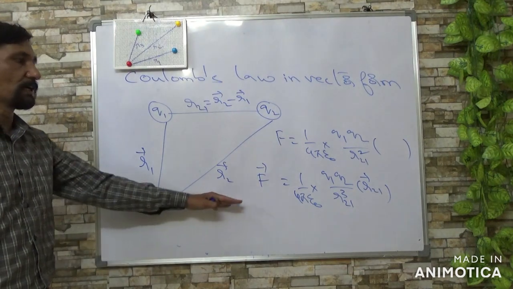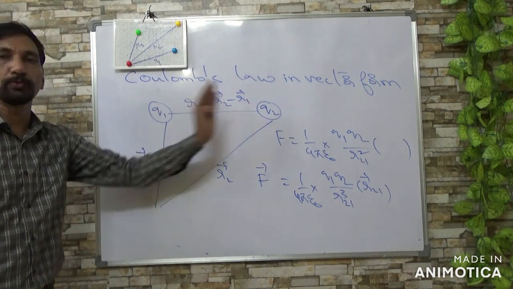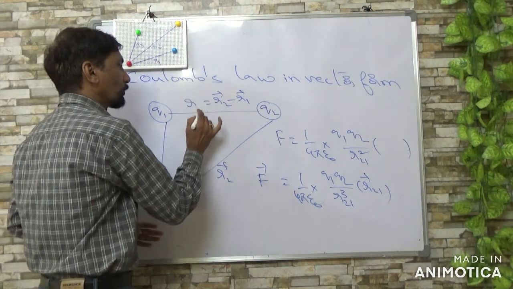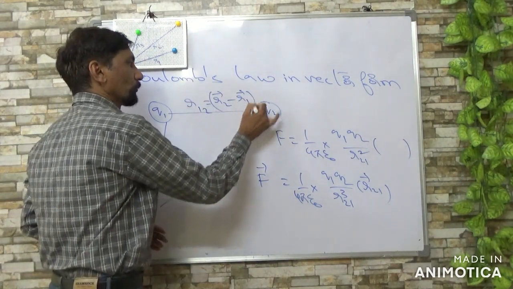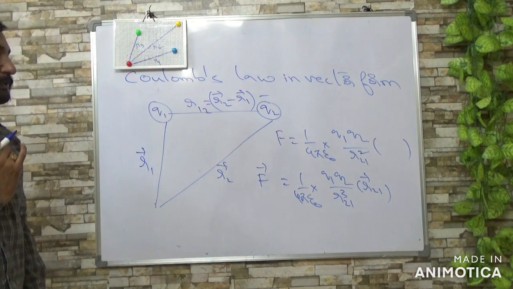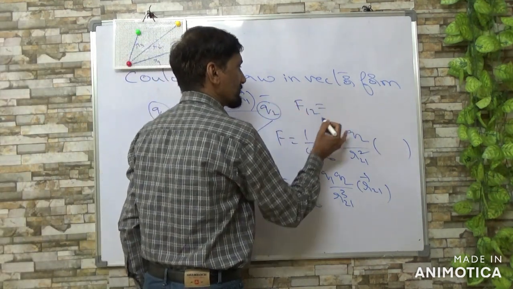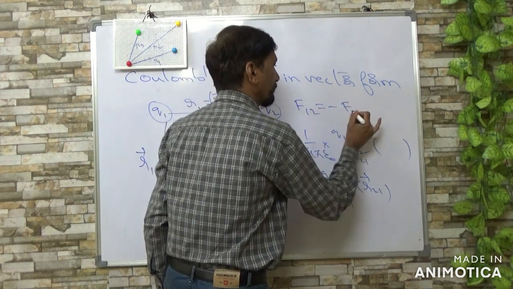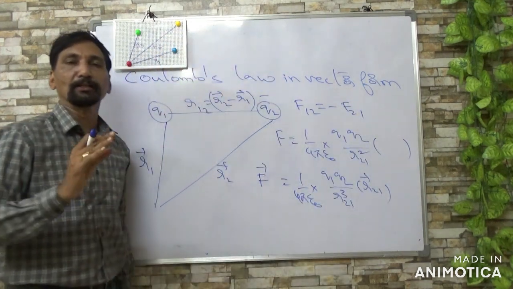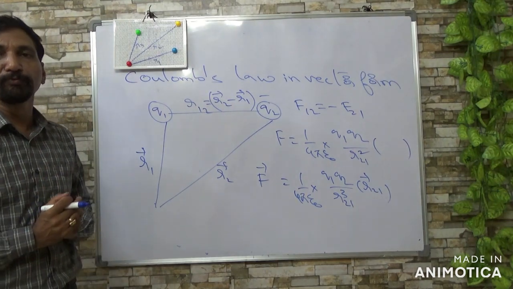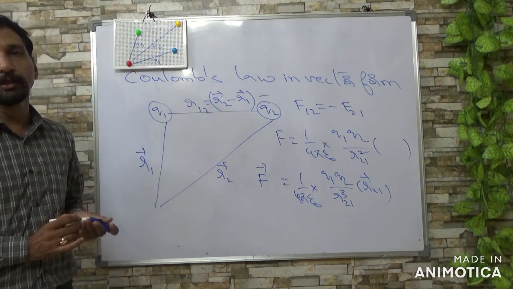This is the force between these two. If you go from 1 to 2, it comes with a minus sign. That means the force between 1 and 2 is always equal to minus the force between 2 and 1. Nothing but an action-reaction pair, so it follows Newton's third law.